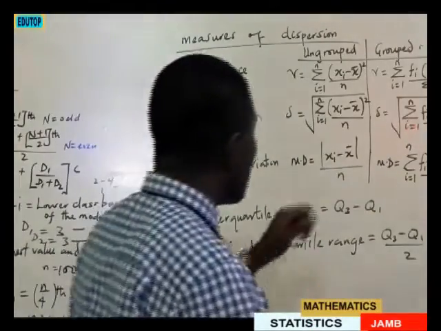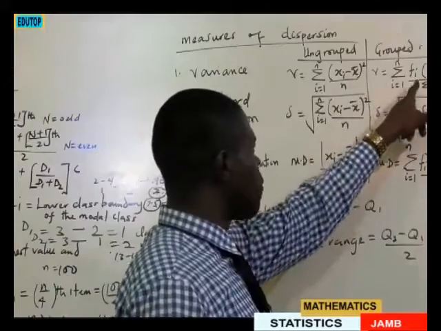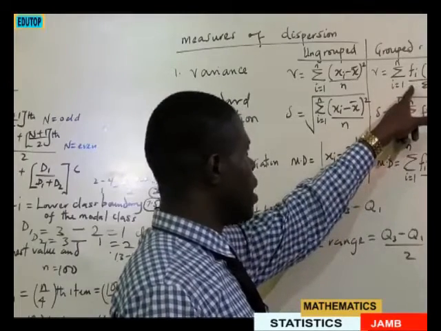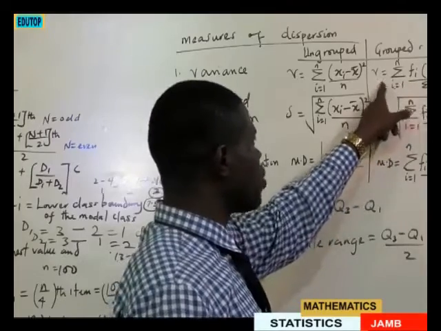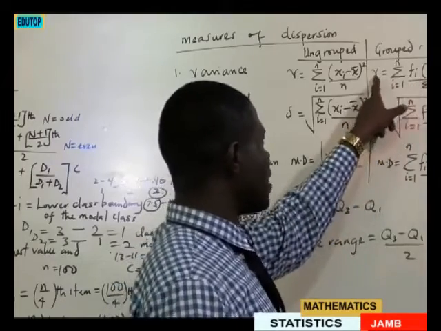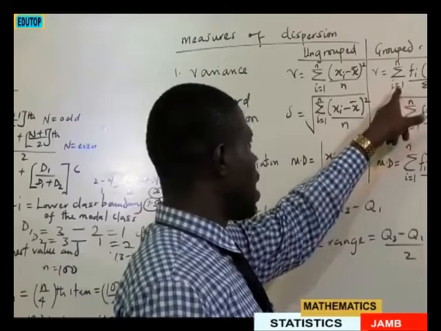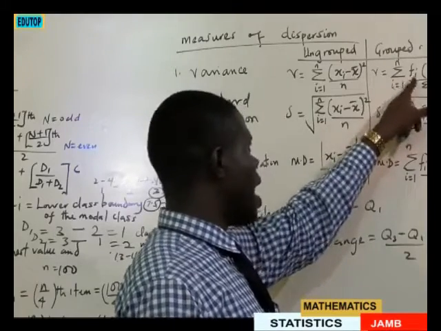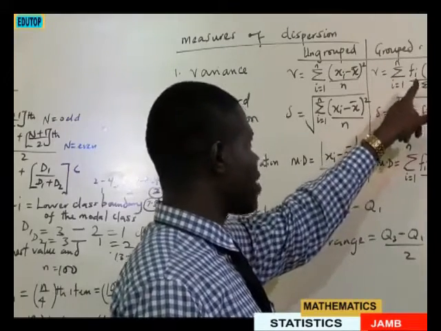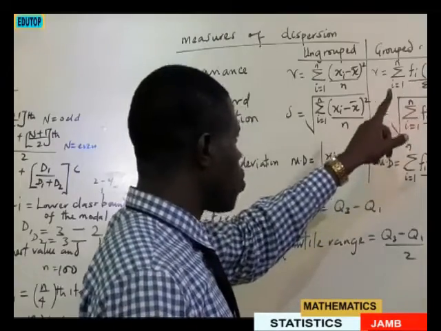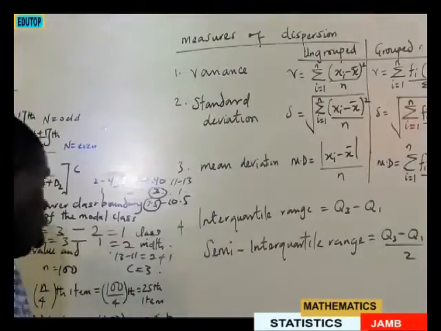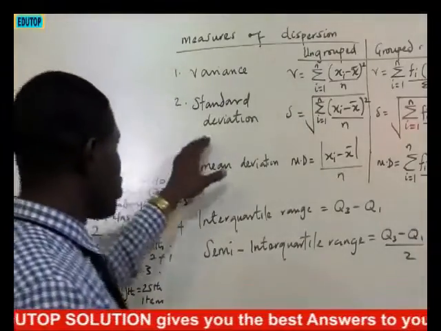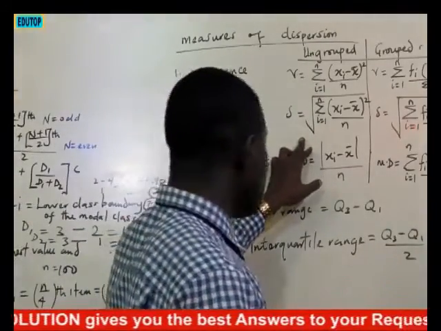Take note of that. Then for grouped data where you have frequency incorporated, variance equals the summation of i from 1 to n of fi times xi minus x bar, all squared, over the summation of f. Then let's talk about standard deviation for ungrouped data.